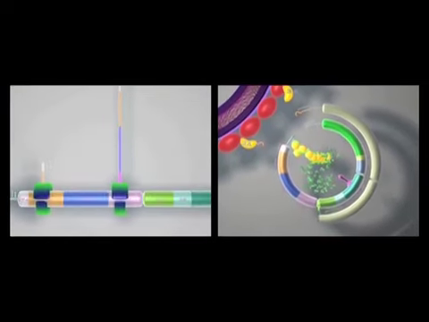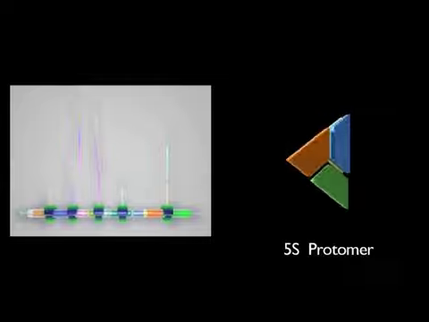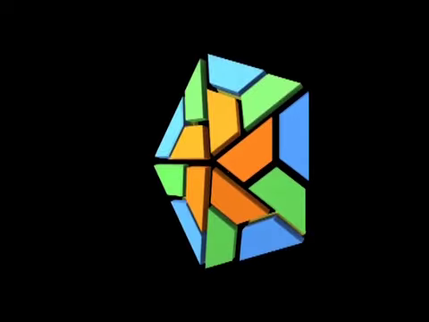Even at the early stage of infection, when the first structural proteins are cleaved, the first assembly intermediate, the 5S protomer, is formed. At this point, this is an immature structural unit. 5 protomers will then assemble to form another intermediate, the pentamer.